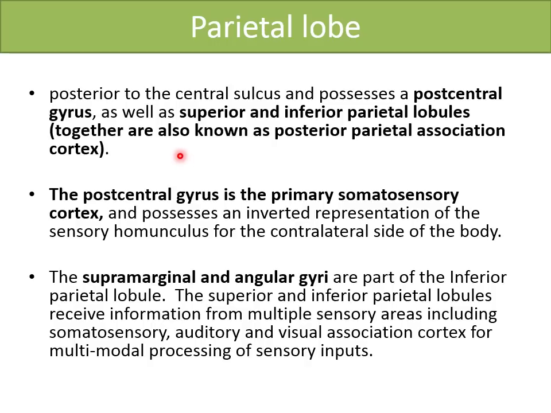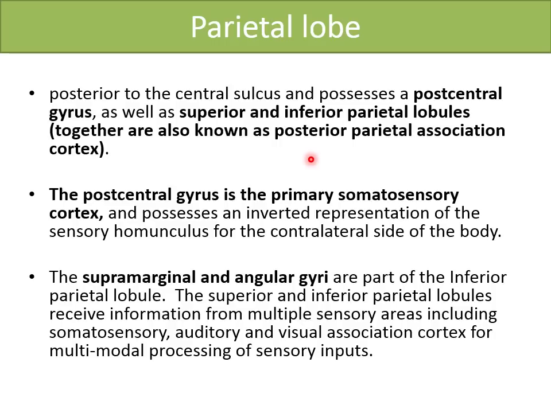The parietal lobe is posterior to the central sulcus, possesses the postcentral gyrus, as well as the superior and inferior parietal lobules, and together they're known as the posterior parietal association cortex. The postcentral gyrus is the primary somatosensory cortex, and it possesses an inverted representation of the sensory homunculus for the contralateral side of the body, as we'll see shortly.